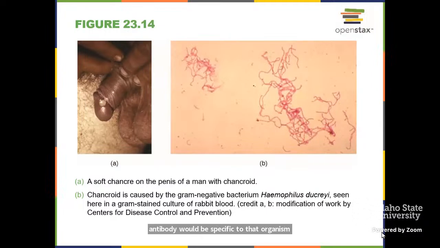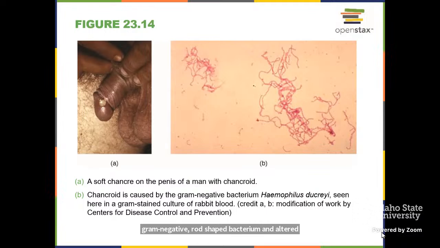Here is the Haemophilus. So the chancre on this guy is painful as opposed to the syphilis lesion, painless, all right? And we call this chancroid. Haemophilus in our gram stain over here is a gram-negative rod-shaped bacterium, cultured apparently with some rabbit blood.